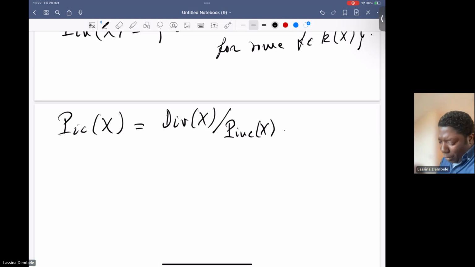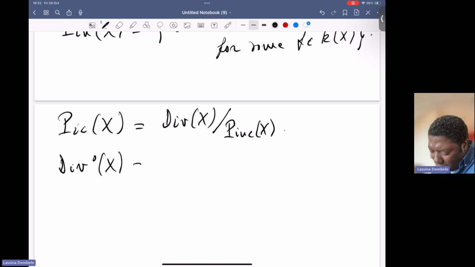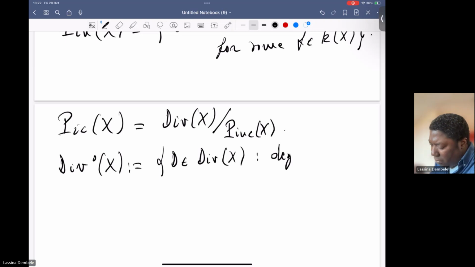And one thing that I should have said earlier is that Div^0 would be those divisors that have degree 0.